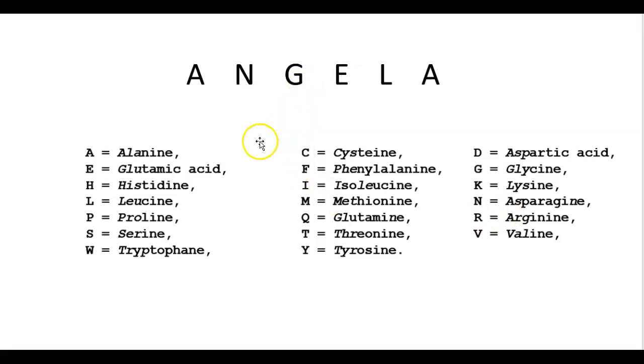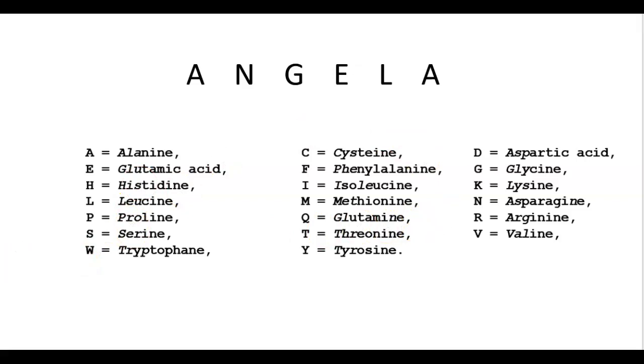We then have a G. Here we have glycine. E stands for glutamic acid. L stands for leucine. And A, we have yet another alanine. So this is a very short protein, but we can use that very nicely to back or retranslate this amino acid sequence into a DNA sequence.